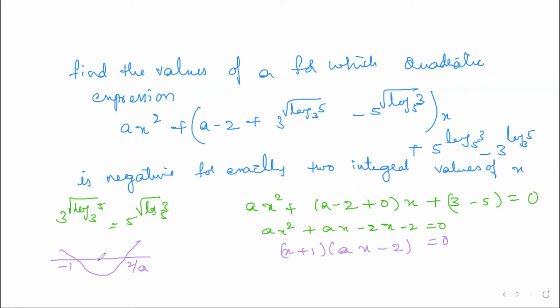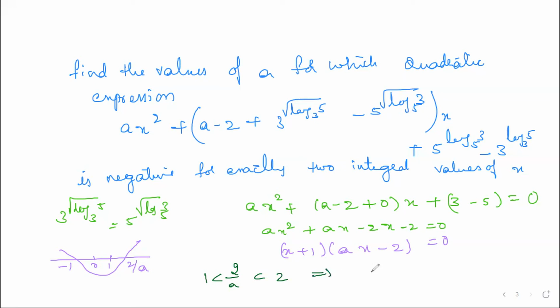After minus 1, what are the two integral values we can have? 0 as well as 1. Since it's exactly two integral values, 2 by a should lie between 1 and 2.